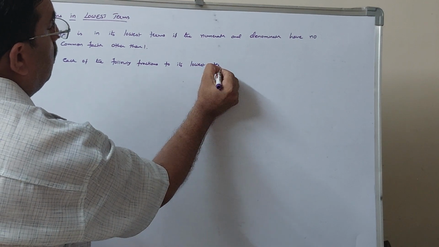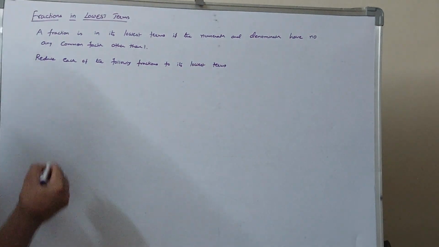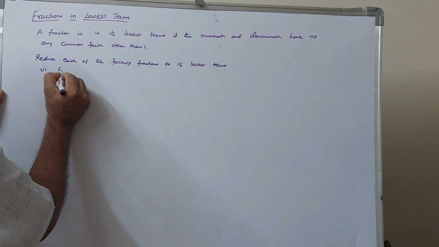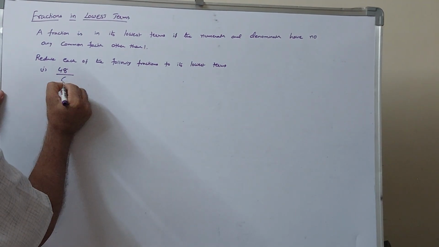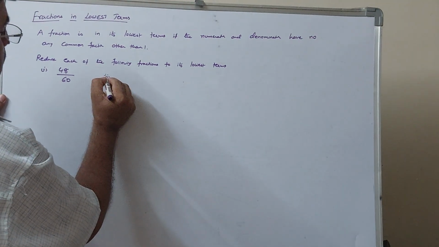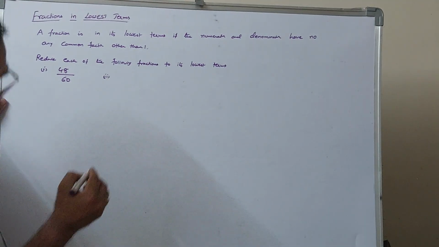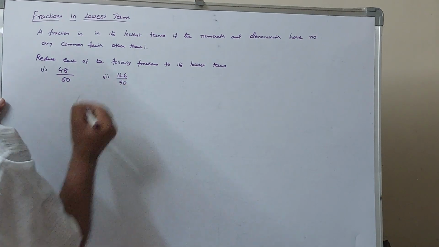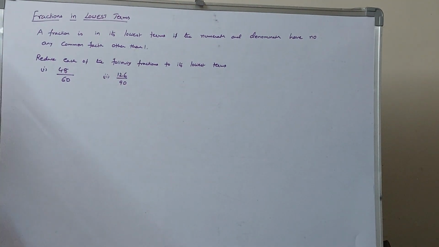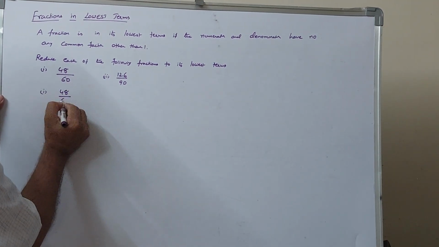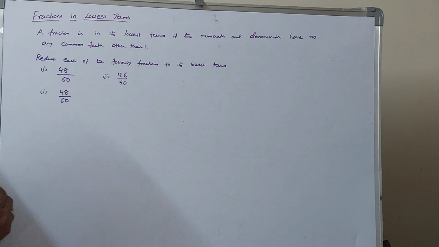First one is 48 by 60. Second one is 126 by 90. See, first one is 48 by 60.